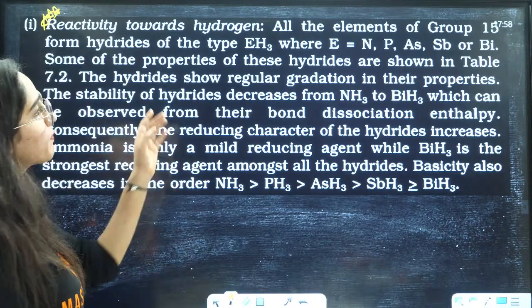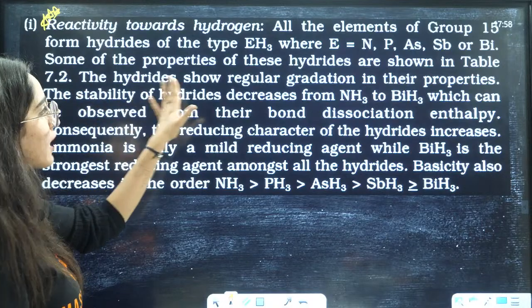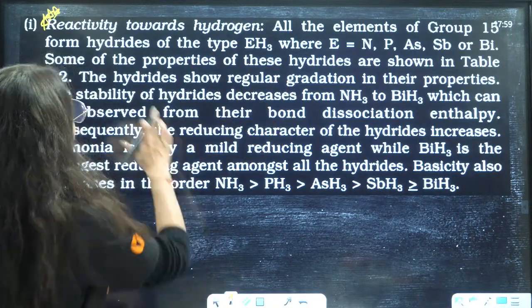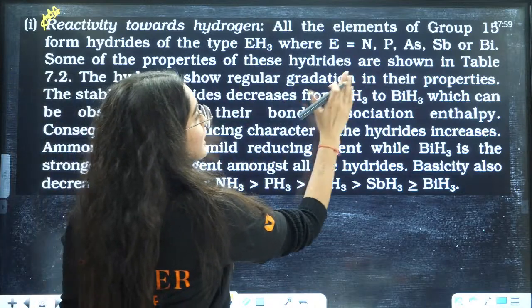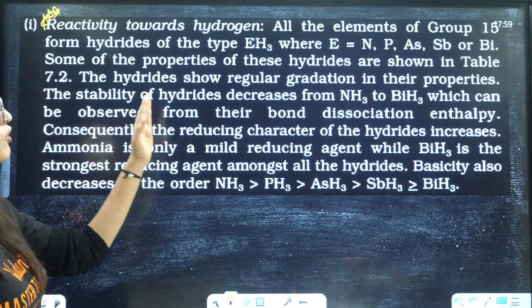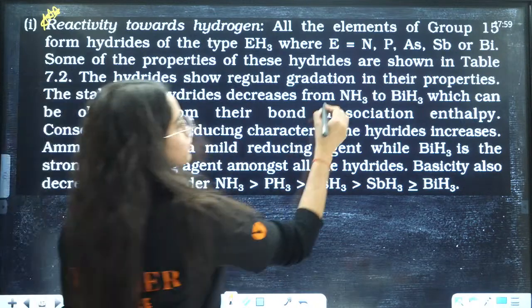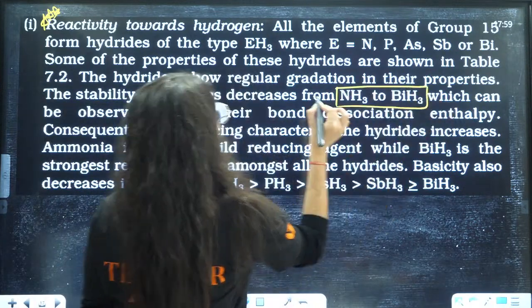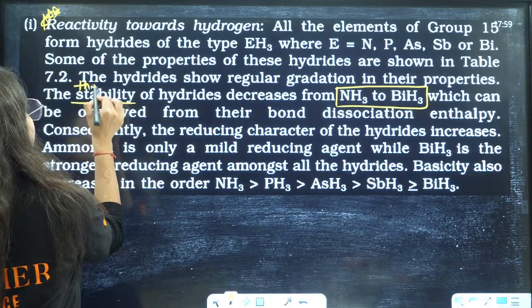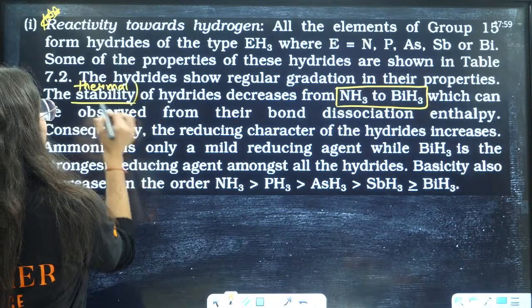Some of the properties of these hydrides are shown. The hydrides show regular gradation in their properties. The stability of hydrides decreases from this to this. Here they are talking about thermal stability, and questions are asked from here also.